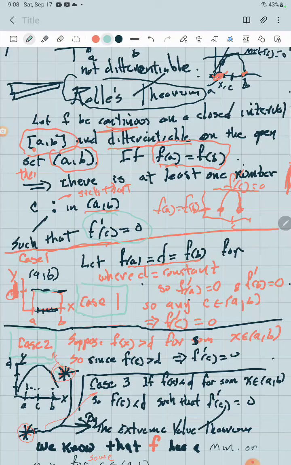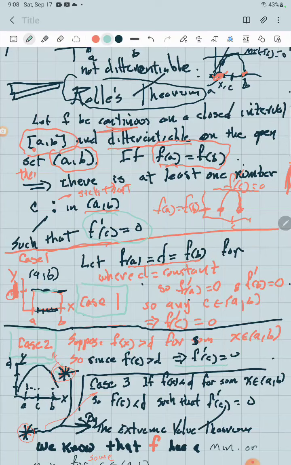So first we're going to say that f of x is going to be greater than d. So in the case of f of x greater than d, since f of c is greater than d, then we say f prime of c is equal to 0. So let's go over that again.